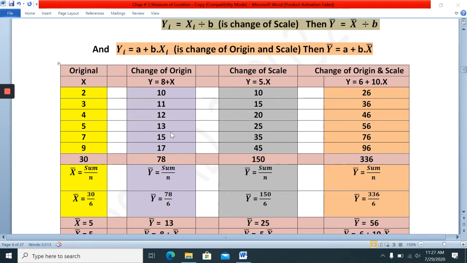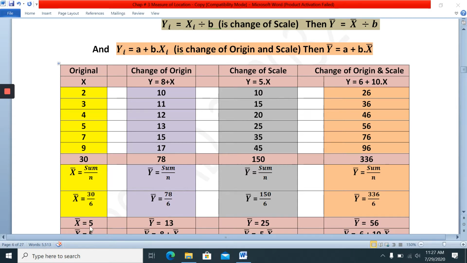Now these are the new numbers, called y. So according to our change of origin property, the mean y bar is equal to 8 plus x bar. So what is x bar?